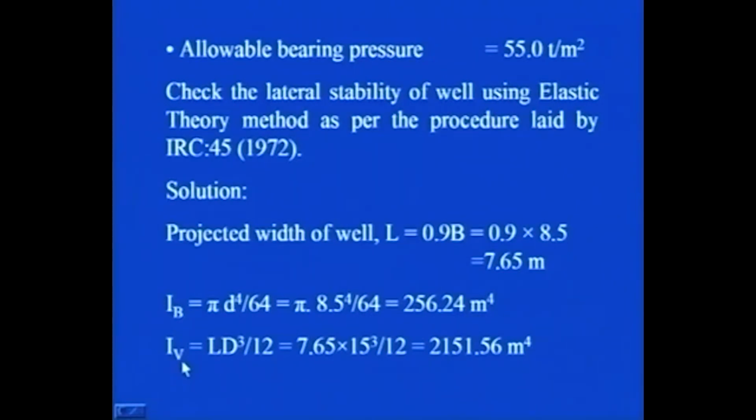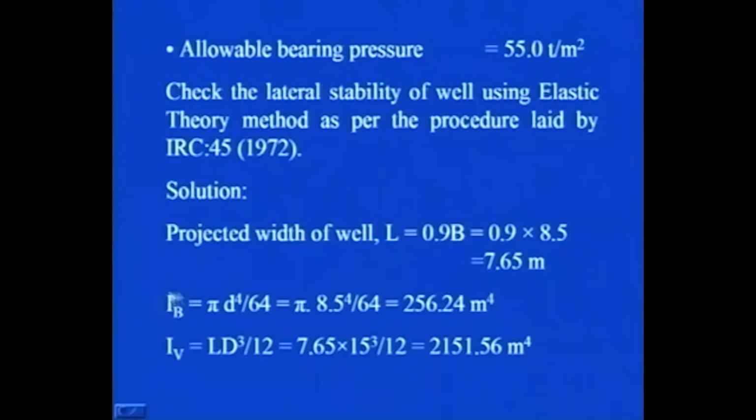Then another geometrical property, IV, is L D cube upon 12. D is your depth of embedment, which is given as 15 meter, and L is 7.65, which you have already obtained. So, this is 7.65 into 15 cube by 12, and this will be 2151.56 meter to the power 4.